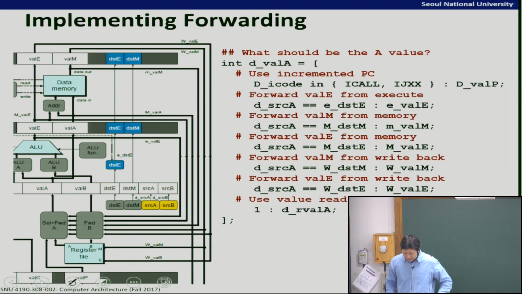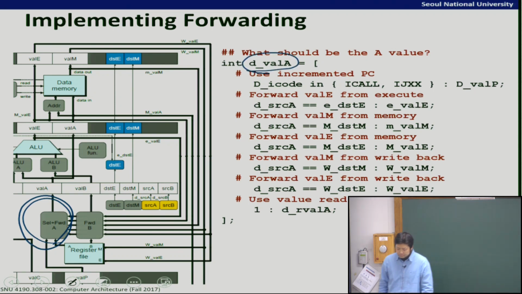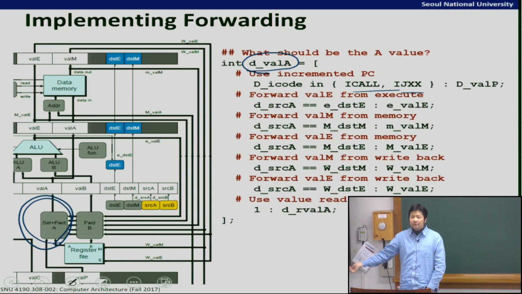So if you actually use HCL, the hardware control language, this control logic box will look like this. The val A is determined by the following rule. Let's say if the icode is call or branch, then val A is directly taken from this constant field, right?